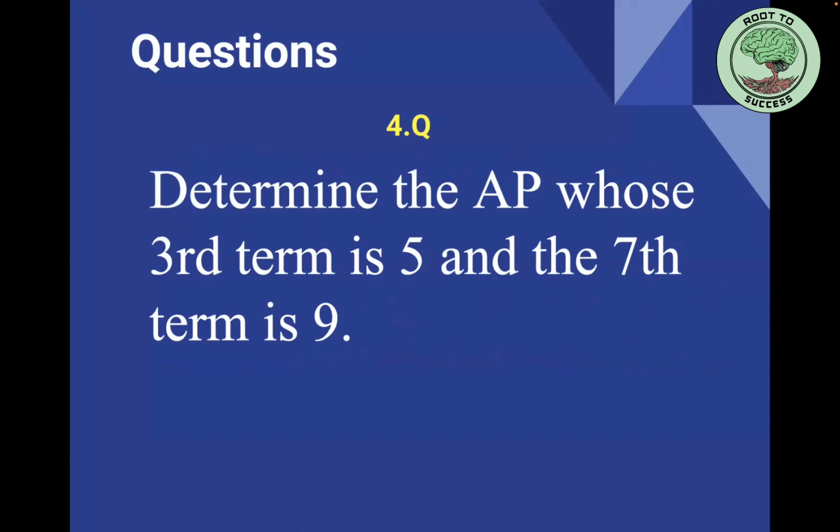Now let's move to the fourth question, that is, determine the arithmetic progression whose third term is 5 and the seventh term is 9.